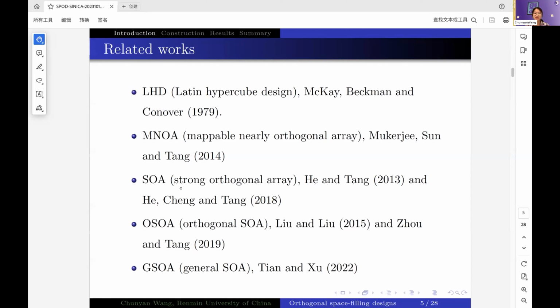These are new kinds of arrays based on the ordinary orthogonal arrays, but they have more space filling properties than the ordinary orthogonal arrays. There are also two other types, orthogonal strong orthogonal arrays and general strong orthogonal arrays. They are an extension of the ordinary strong orthogonal arrays.